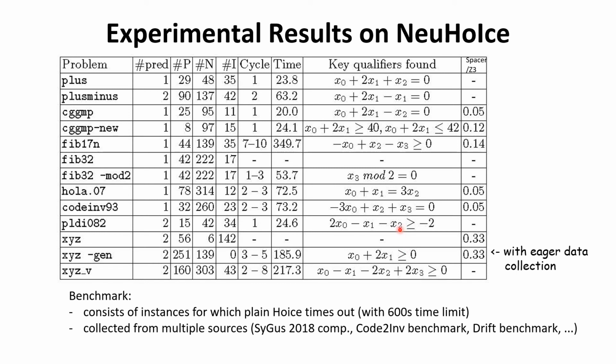We have conducted some preliminary experiments, and this benchmark set is rather small, but all the instances are those of which plain Hoist timed out. And another CHC solver, Spacer, also times out for some of these instances. But our new Hoist, extended with the NeuGus framework, could successfully solve them.